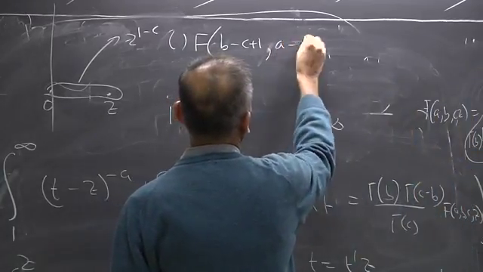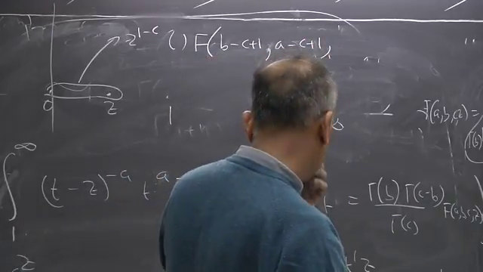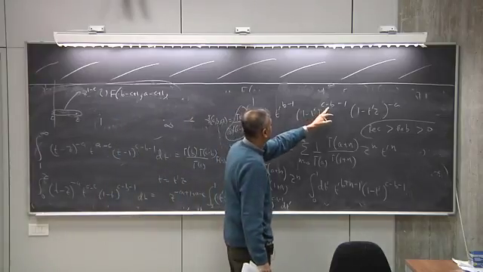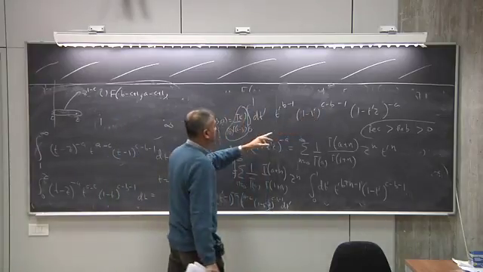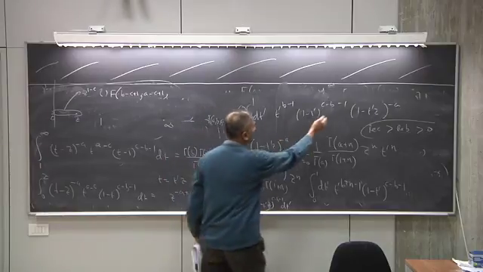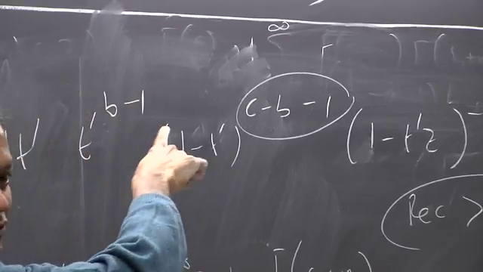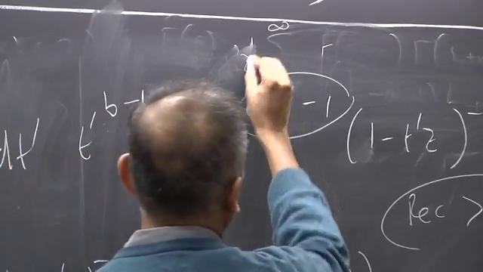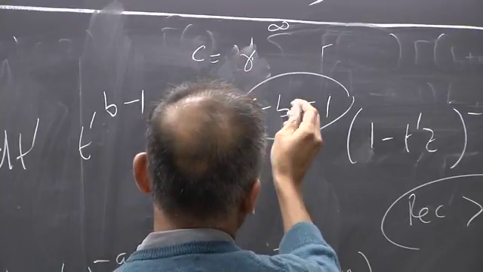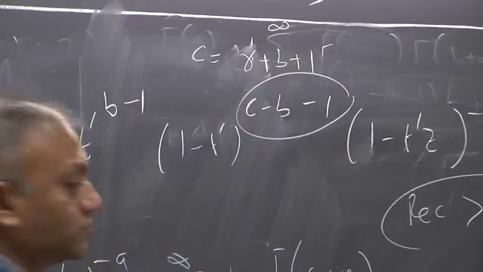And then finally, the c is obtained by looking at this power, right? If I call this power gamma, then c is equal to gamma plus b plus 1, right? That's what it is. Right?